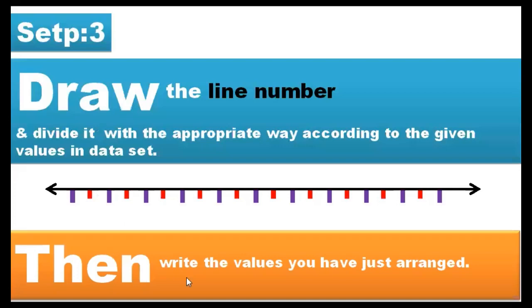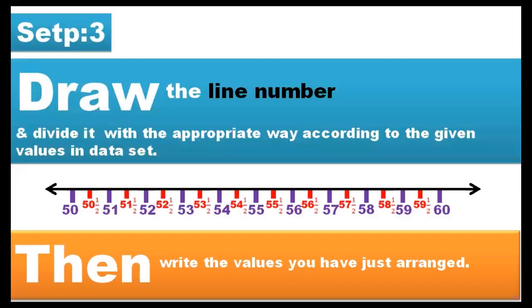Then write the values you have just arranged. For example, here 50, here is 50 and a half, 51, 51 and a half, 52, 52 and a half, 53, 53 and a half, 54, 54 and a half, 55, 55 and a half, and so on until you reach 60. So I draw, divide, and write the value of each part, okay? This is the appropriate way in this example.